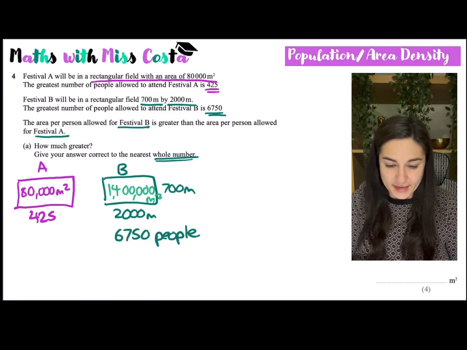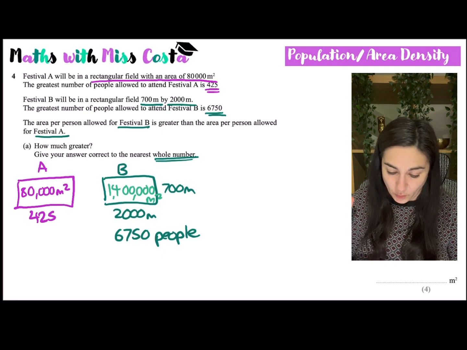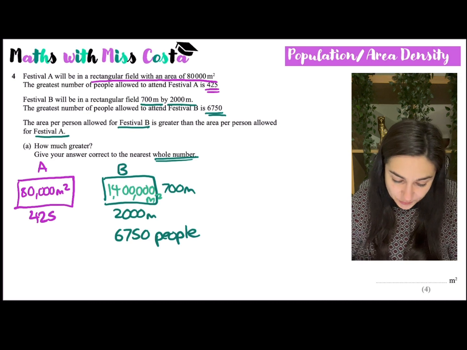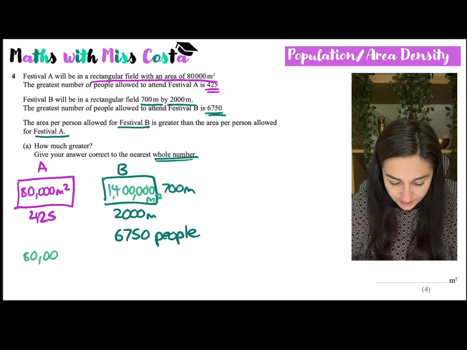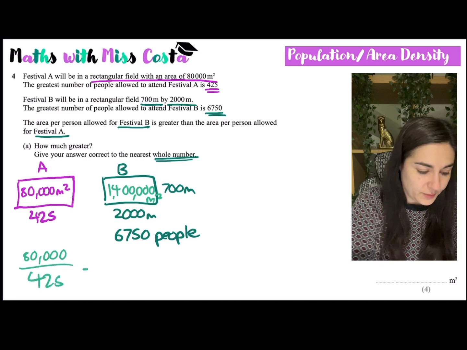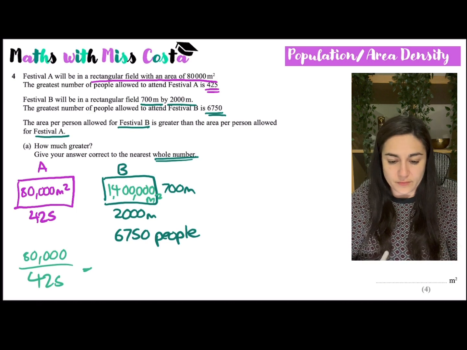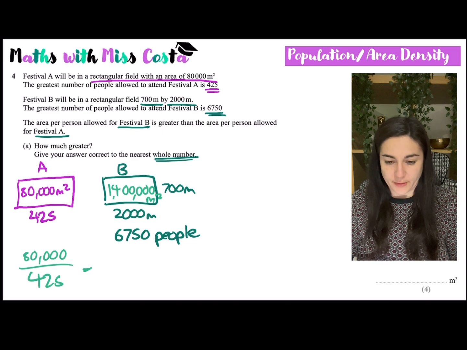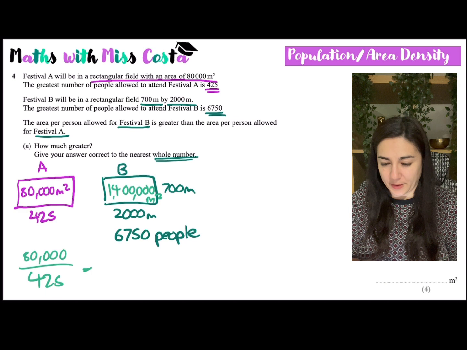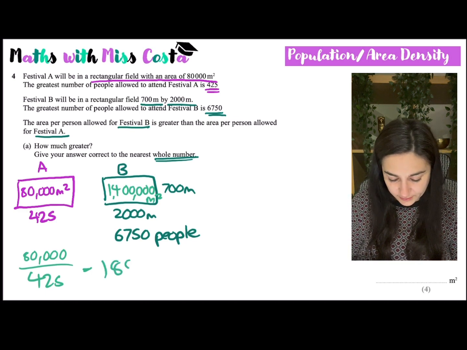To figure out how dense the population is, or how much area each person is allowed, I will do 80,000 divided by 425, which tells me the area per person for the first field. 80,000 divided by 425 is 188.235.